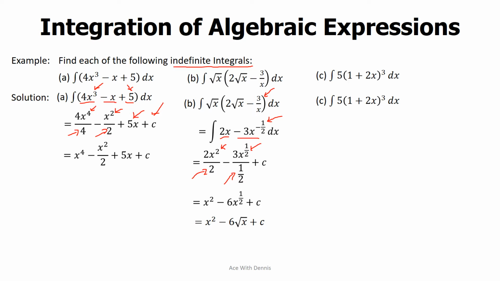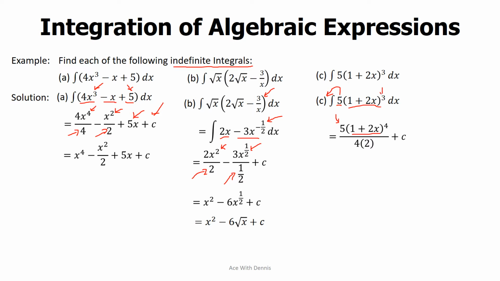For C, integration of 5 bracket 1 plus 2x cubed dx. So remember, this is a constant. We can either take it out or we just copy it here, 5, and then we just need to integrate 1 plus 2x cubed. So we will copy the bracket, the expression inside the bracket. After that, the power plus 1.